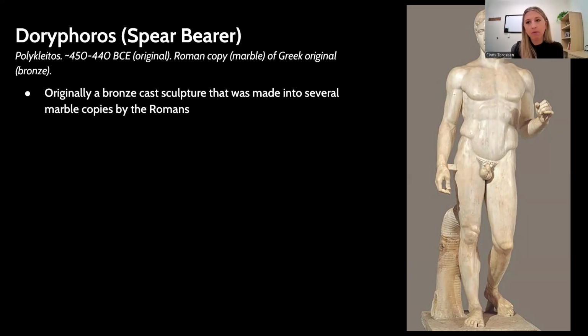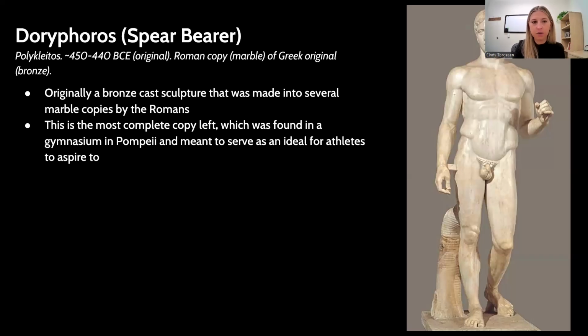It originally would probably have been cast in bronze, and then was made into several Roman copies because it was seen as so important. Think about any famous painting that exists today. People are going to want to copy it and use that as an example to show good work, right? So this would have been seen as, oh wow, this is amazing work that we need to copy and make sure we have more copies of for other people to see.